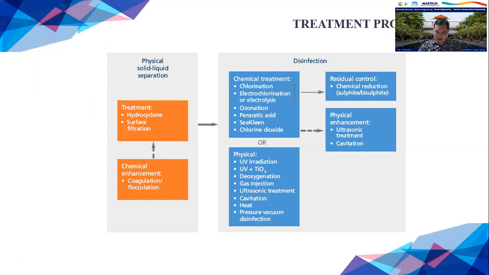So there are many treatments. It's possible to utilize chemical treatment or to conduct physical treatment. Chemical treatment, for instance, is possible utilizing chlorination, electrochlorination, ozonization, and so on. Then physical is possible: UV irradiation, UV plus TiO2, deoxygenation, gas injection, ultrasonic treatment, cavitation, heat, or pressure vacuum disinfection.